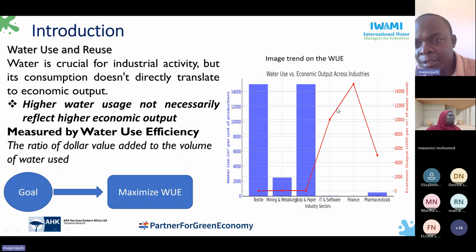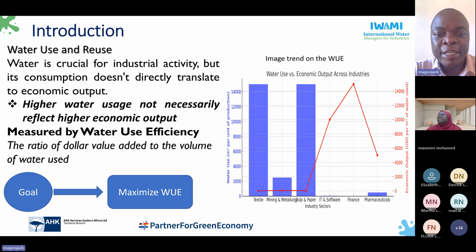You can see here that this graph indicates there is no direct relationship between the economic output and the amount of water put to use within the industrial setup. This depends on the kind of industry itself. The blue color indicates the amount of water used by various industries.